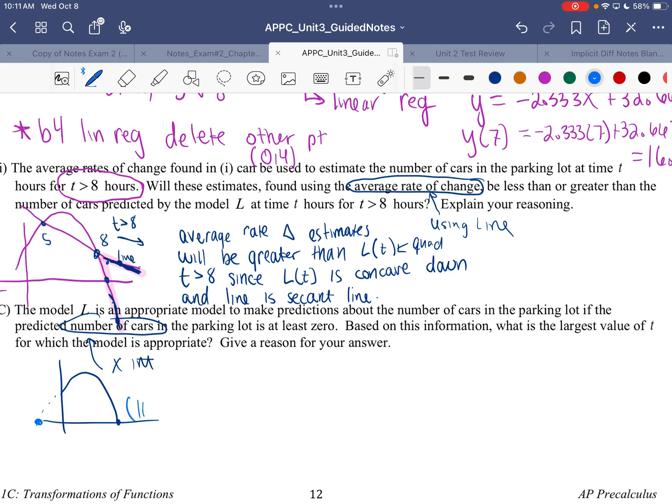Our x-intercept is at 10.286, 0. So about 10 hours after opening, we would have our parking lot being 0.